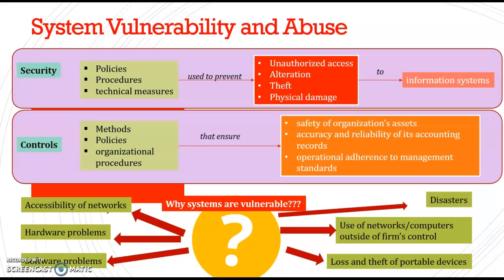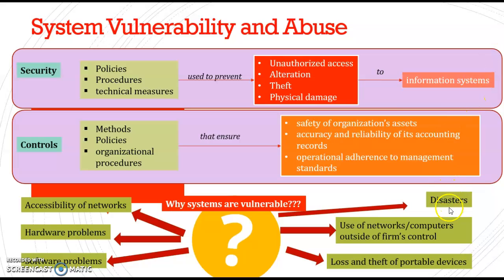Number two is hardware problems. Maybe there is some fault in your hardware, the hardware cannot be read, or it has problems maybe because of a virus. And third is software problems, where the software cannot be used or run.